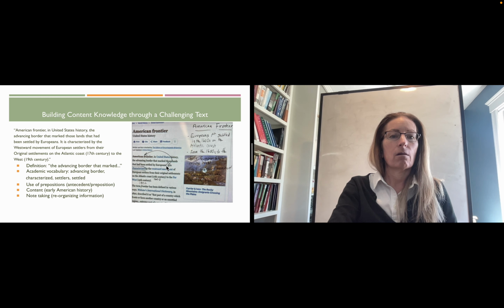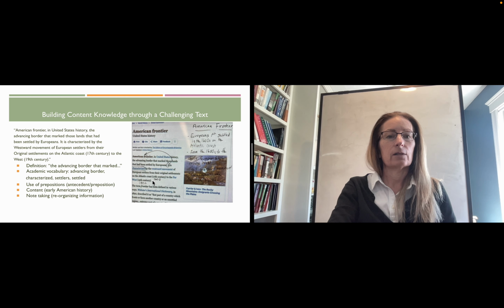Here I drew an arrow from a pronoun to an antecedent. I circled a word that I knew they wouldn't be familiar with here, the word characterized. And then in the article, it talks about century, and I just listed the years. So that is what you see in this image.